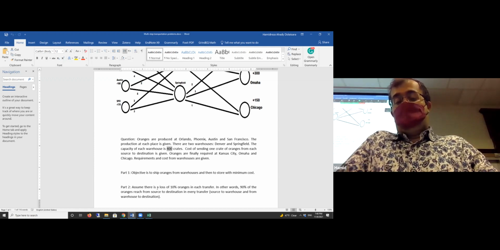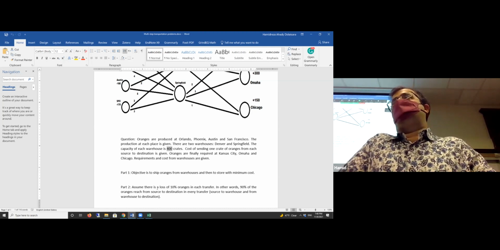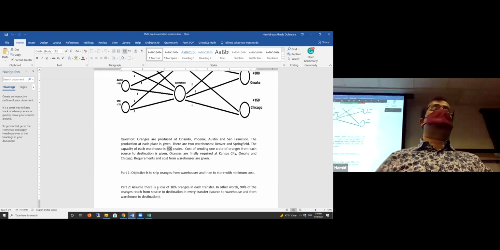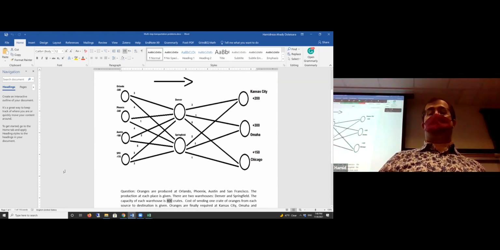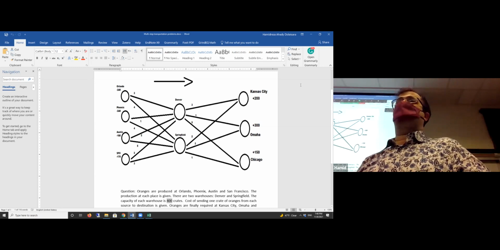In other words, 90% of the oranges reach the destination in every transfer, source to warehouse and warehouse to destination. It just means you lose 10% from source to warehouse and a second 10% from warehouse to destination. I'll give you a couple of minutes to read through the problem to see what you can understand, then I'll go to the solution.